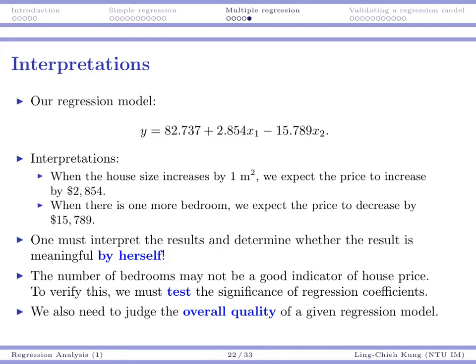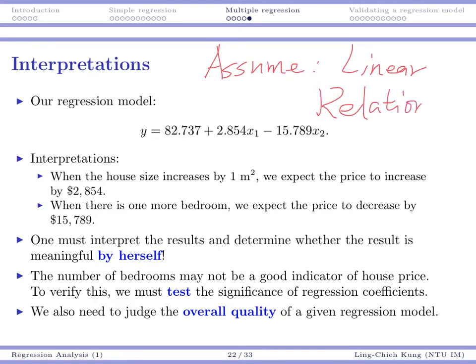So when we see this result, we should be very careful. This result may come from a somewhat wrong assumption. At the beginning, we assumed that there is a linear relationship between all the variables. We assumed that how the number of bedrooms affects the price of the house is linear.